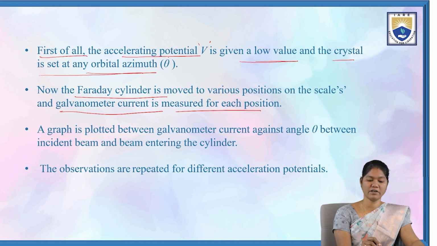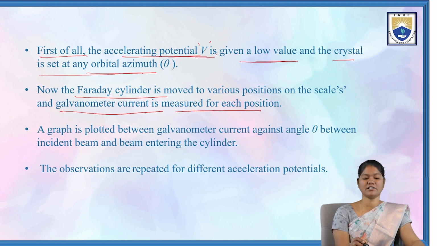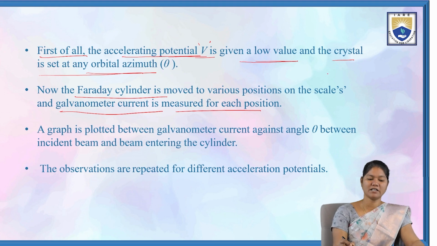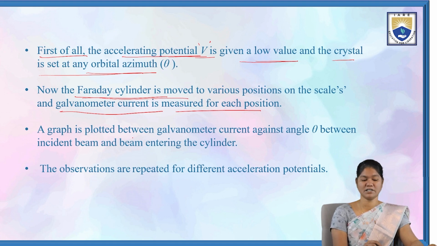When we set the accelerating potential to a low value of V, the electrons are scattered with some angle theta, and the scattered electrons can be collected by the electron detector.